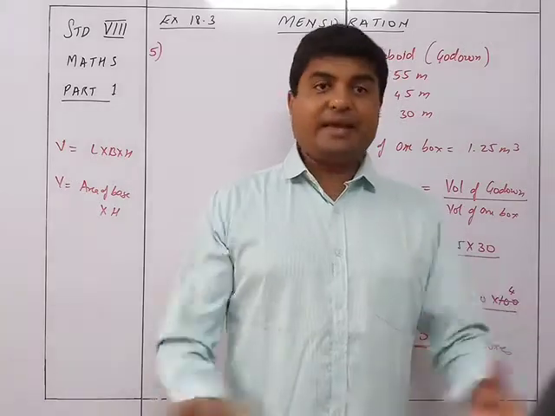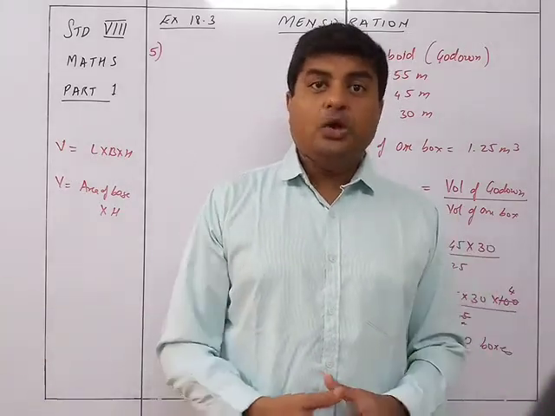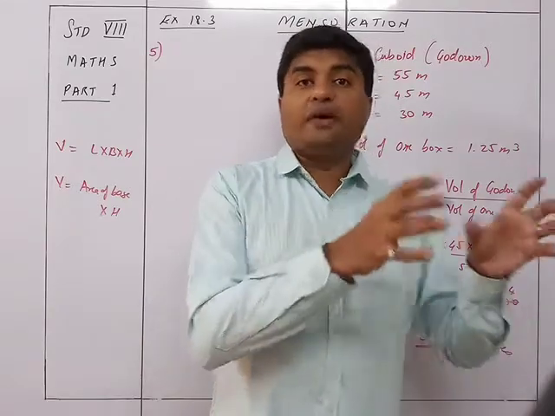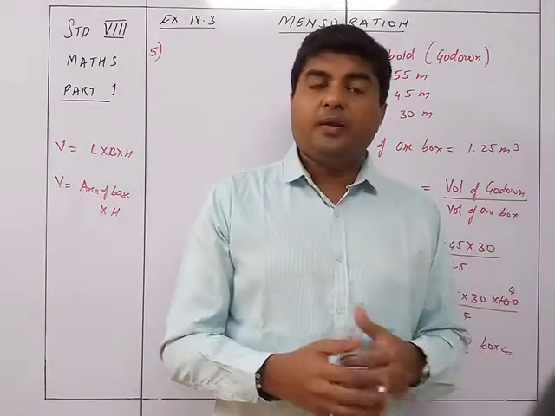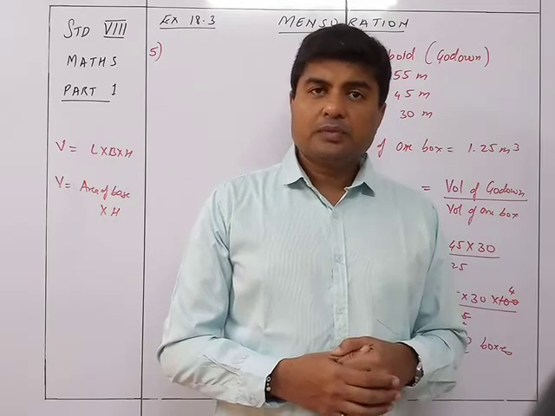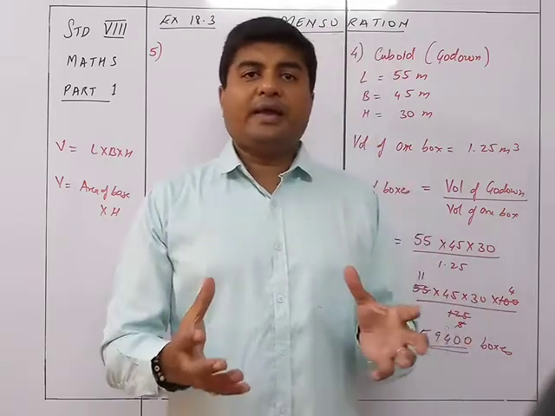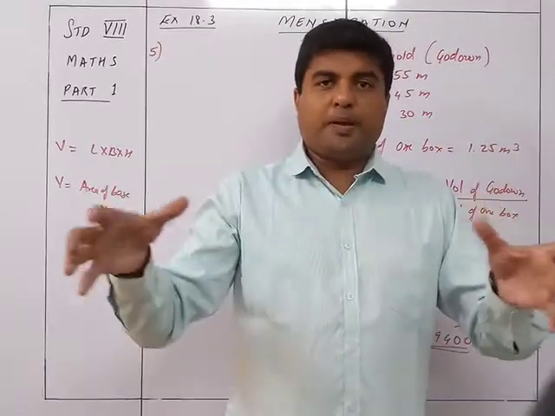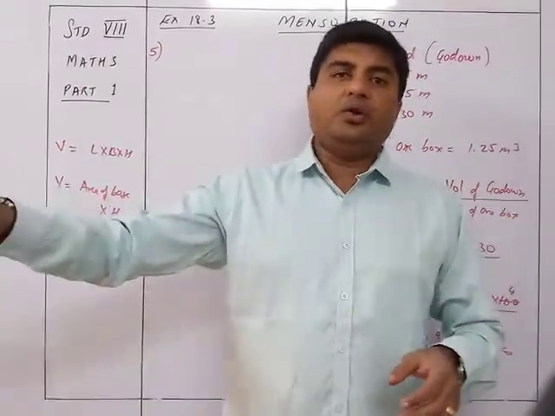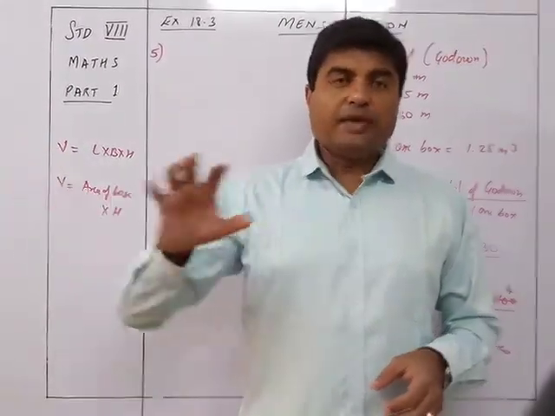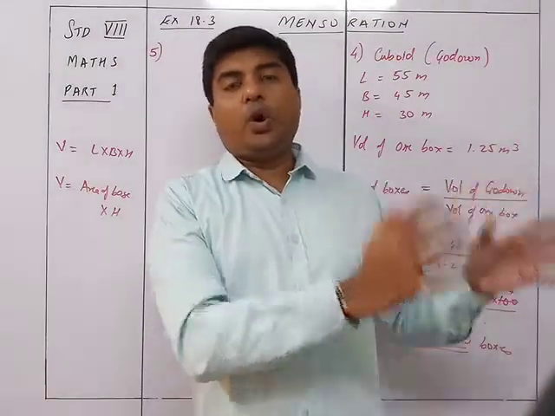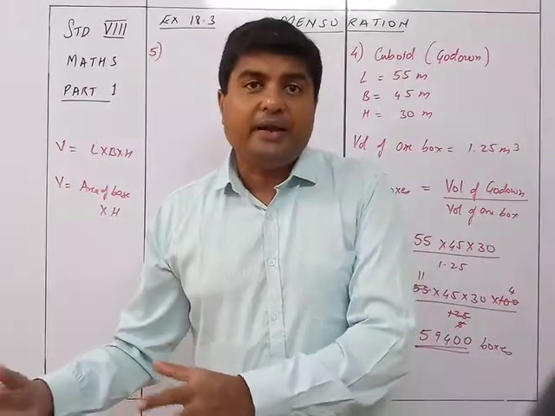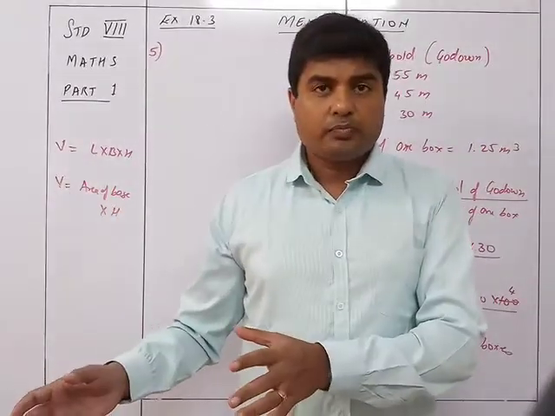So the volume of the dug pit and the volume of the total bricks which were made will always be the same, right? Because we took the soil from here, made it into small boxes, and made it into 1000 bricks. So that means the complete volume of the soil got converted into bricks.